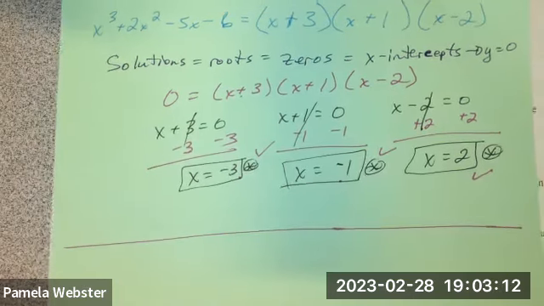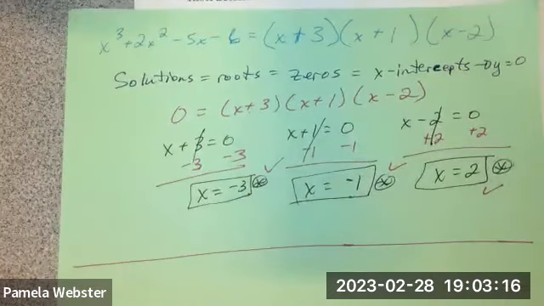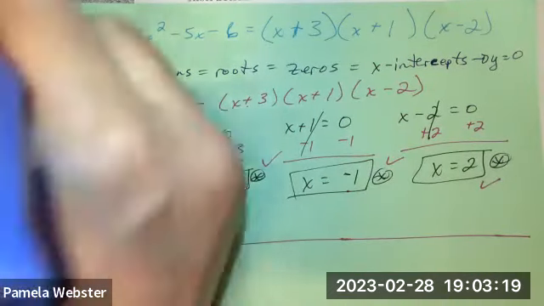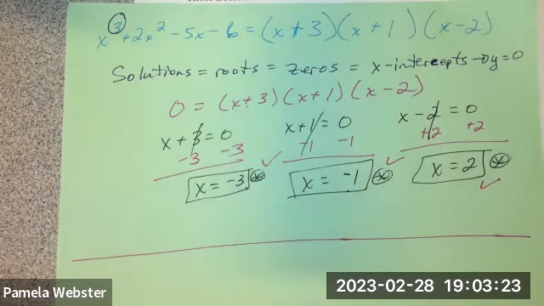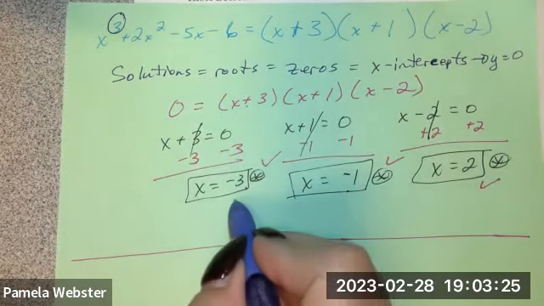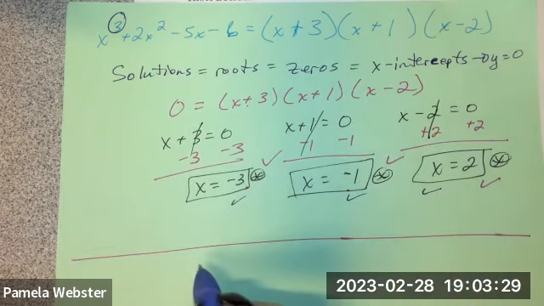All right, the other thing I want you to notice is this. The original equation that we were working with had a third power, x to the third. And we ended up with 3 solutions. 1, 2, 3 solutions.